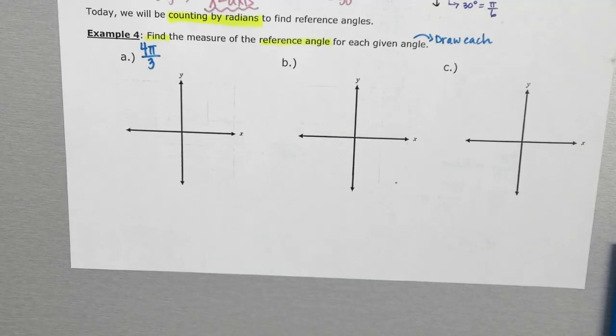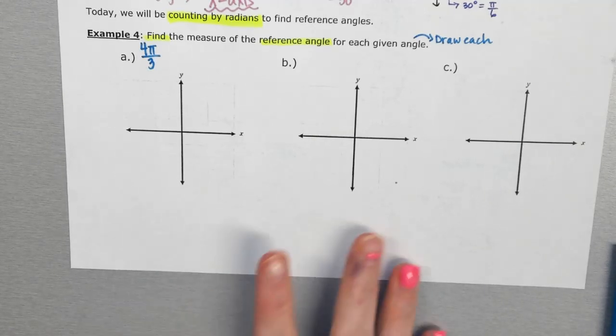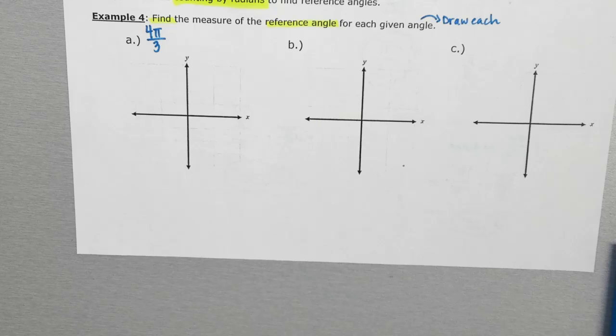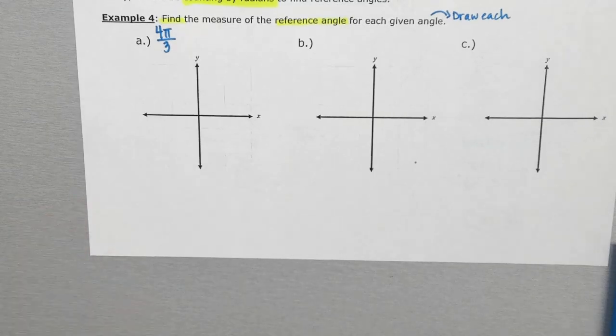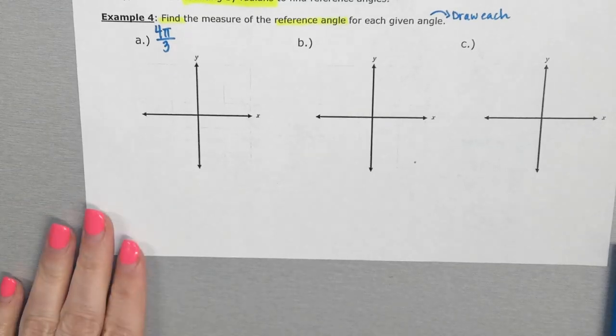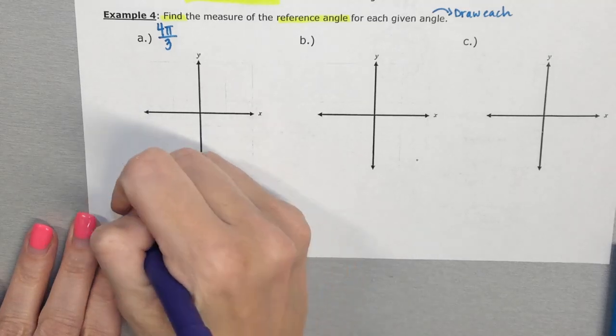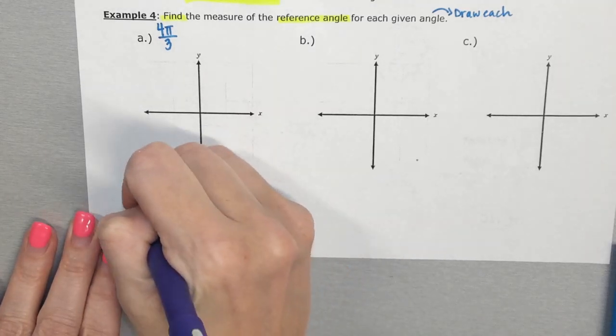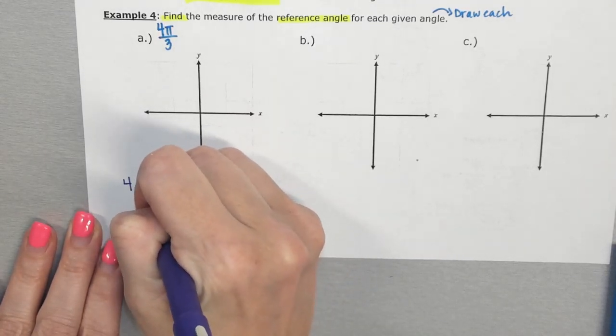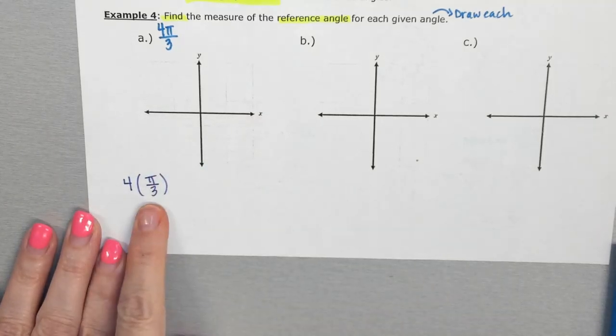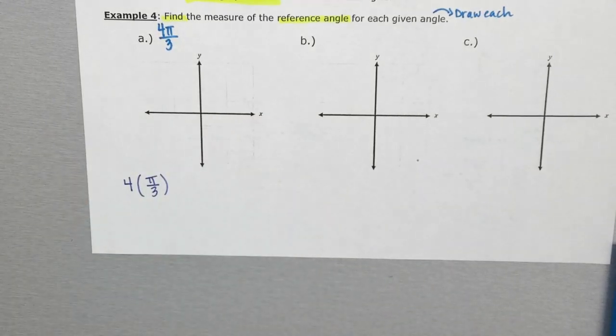So I'm going to show you a little trick for these, which is you can split up 4 pi over 3 into a multiplication problem. You can think of this as 4 times pi over 3, because isn't 4 times pi over 3 still 4 pi over 3? Yes.